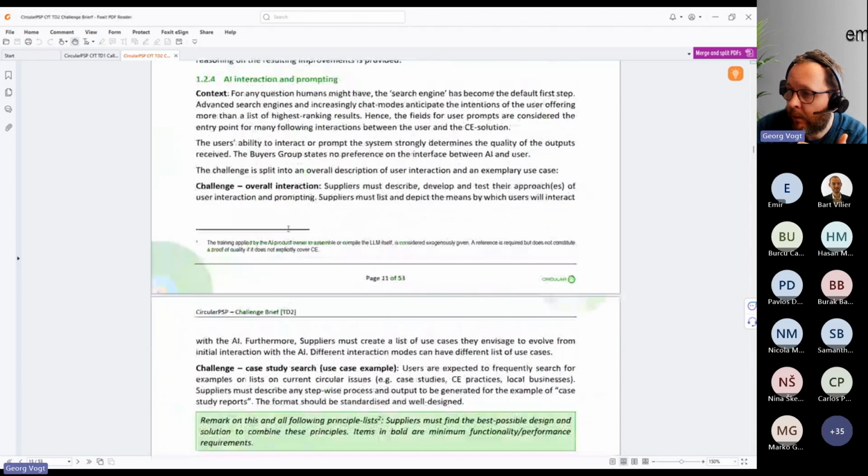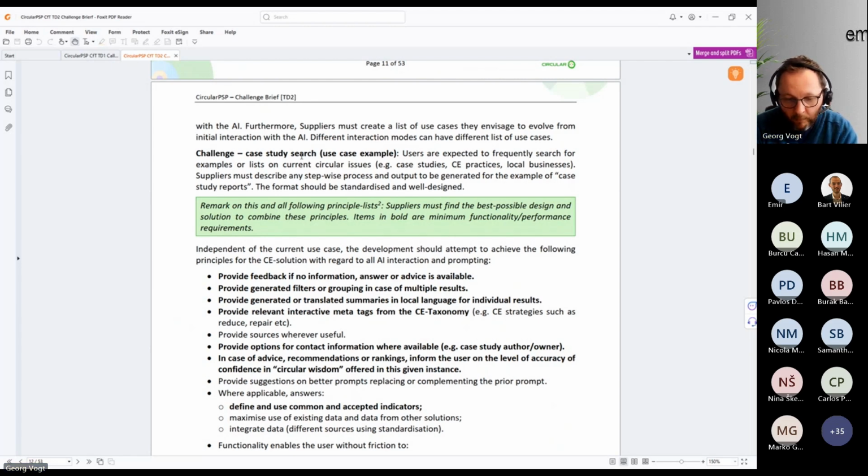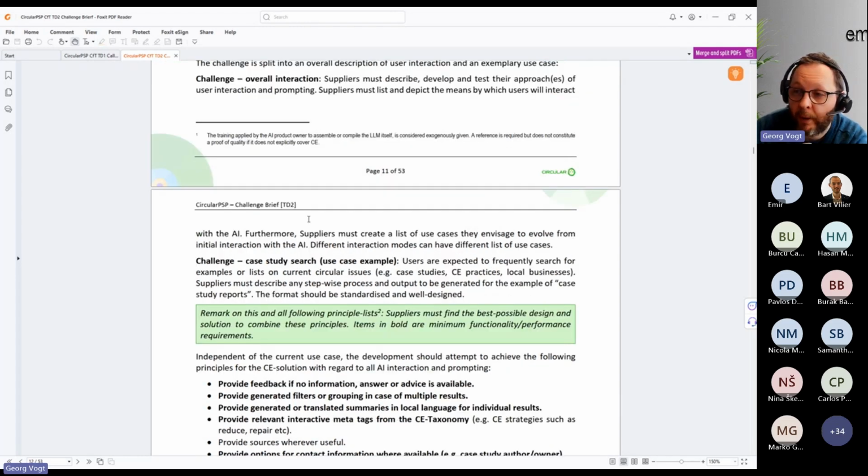We expect that I, as a municipal worker, am responsible, I don't know, for the construction sector in my city, and I now want to know about case studies on avoiding a certain type of waste or reuse it or whatever. Then I will go sit down and make this search in your AI. This is the case study we will use for testing your solution, but you might come up with others.